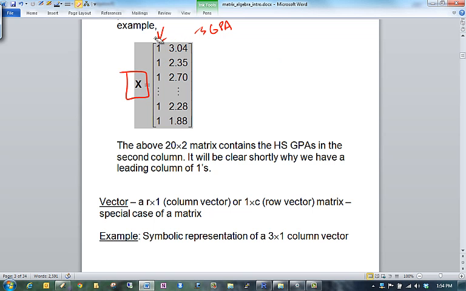Also what you could do, let me do some erasing here, is look at just maybe one row. And this is what's called a row vector. So a row vector in general is 1 by C, meaning it only has one row to the matrix. And a column vector is R by 1, meaning it only has one column to the matrix.